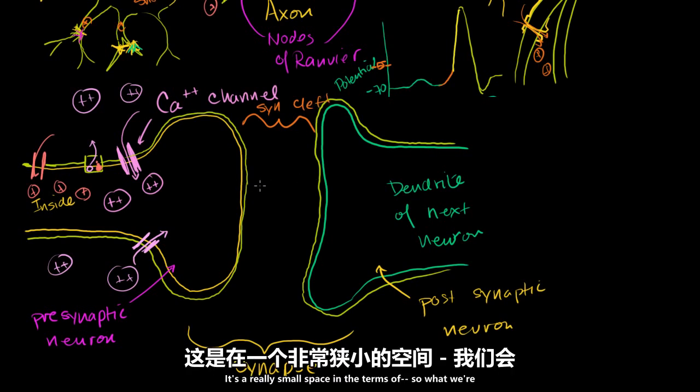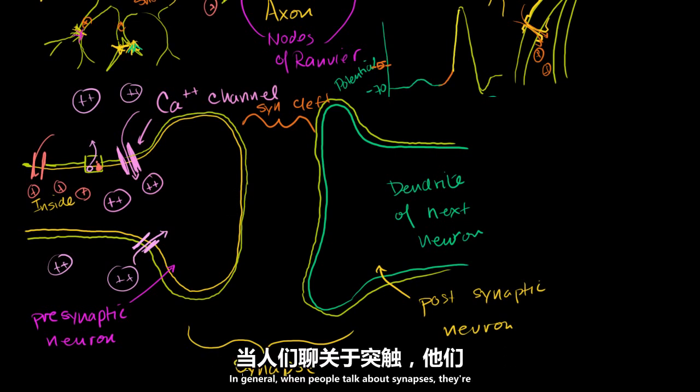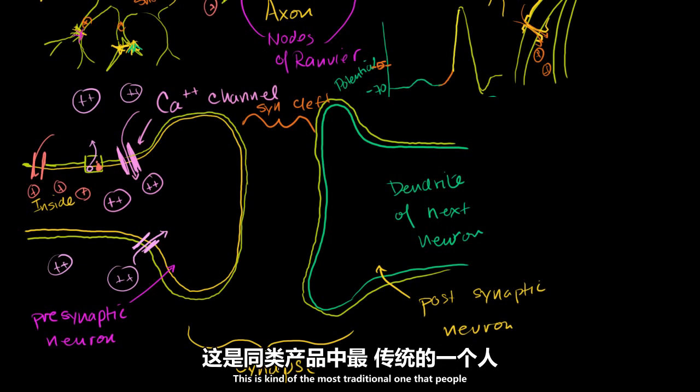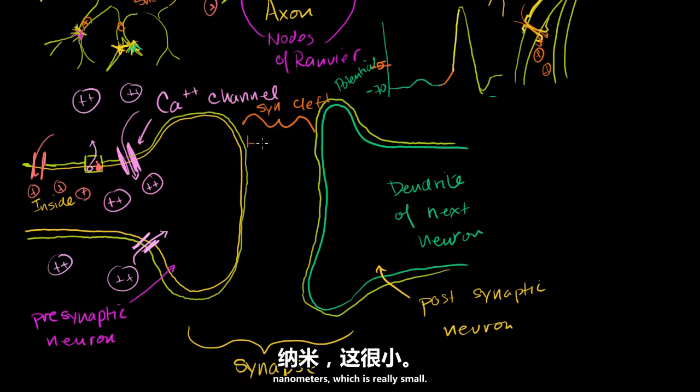And it's a really small space. What we're going to deal with in this video is a chemical synapse. In general, when people talk about synapses, they're talking about chemical synapses. There also are electrical synapses, but I won't go into detail on those. This is kind of the most traditional one that people talk about. So your synaptic cleft in chemical synapses is about 20 nanometers, which is really small.